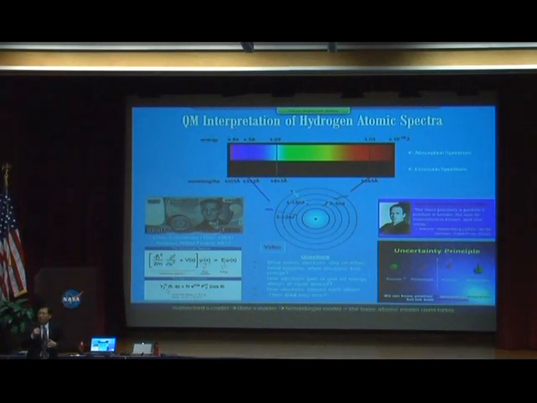So how can an electron jump between orbits? They said it has to gain or lose energy. But if it could lose energy gradually, it could change orbits arbitrarily, right? They said no, you cannot change gradually. You can only change in certain amounts. That's called a quantum.